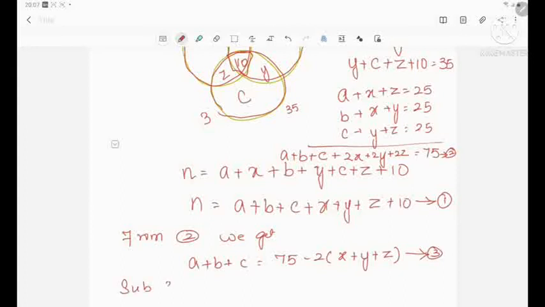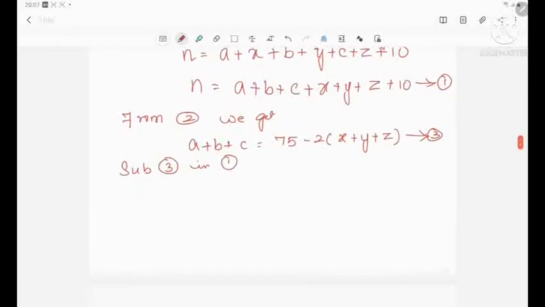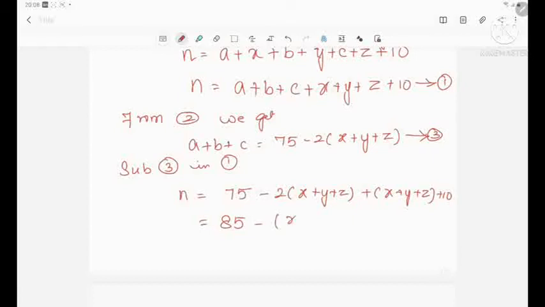Substituting 3 in the first equation, we get n is equal to 75 minus 2 times (x plus y plus z) plus x plus y plus z plus 10, which will give you 85 minus (x plus y plus z). Mark this as the fourth equation.